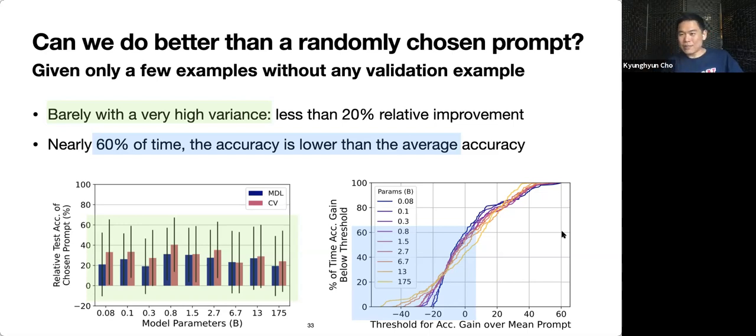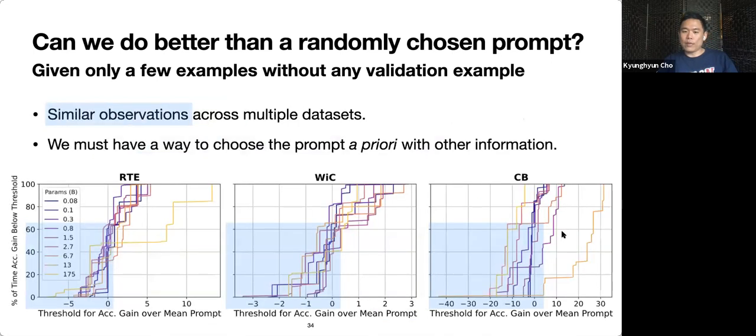So this is actually a pretty damning observation: if you wanted to deploy this system with prompt engineering as the key component, then it's just as good as not doing prompt engineering. And this is not only for one dataset. We made a similar observation across multiple datasets such as RTE, WiC, as well as CB.